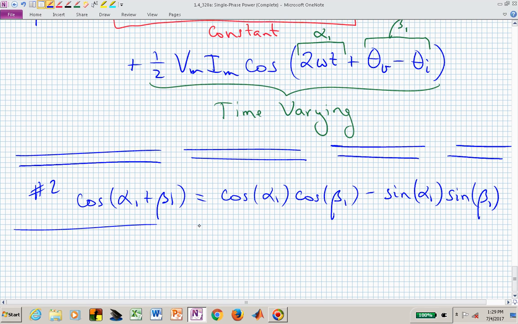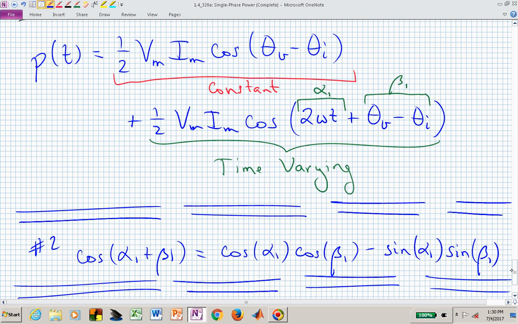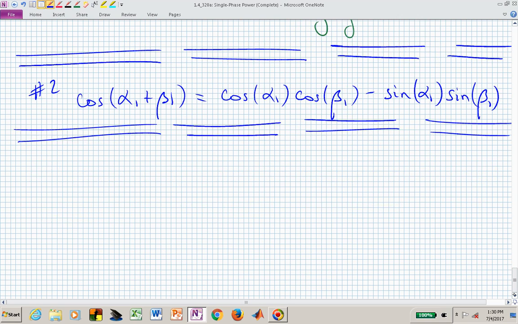That's now a second aside, and we will now be able to split that second piece into a couple more terms so that we now have an instantaneous power expression made up of three pieces.